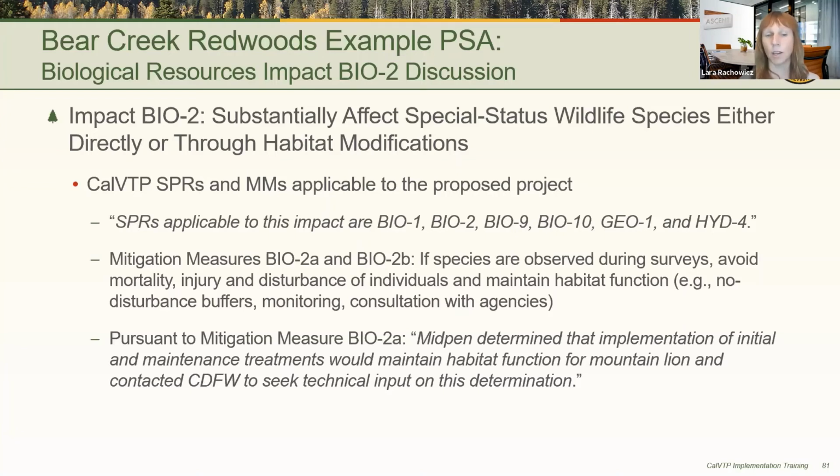The PSA documented this evidence for the determination that habitat function would be maintained, and MidPen discussed this determination with CDFW. If a project proponent determines that habitat function would not be maintained, then compensatory mitigation will be required. Next slide.